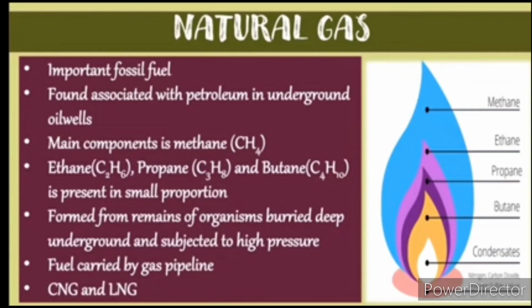Let's see what natural gas is. Natural gas is an important fuel which is found associated with petroleum in underground oil wells. The main components are methane CH4, ethane C2H6, propane C3H8, and butane C4H10, which are present in small proportions in natural gases.